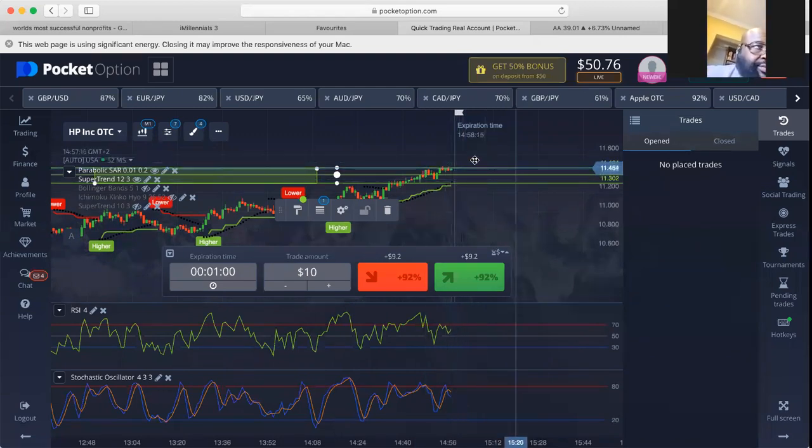All right. So right now, you see in between this line and this line? See my floor? If price comes back down here and touches my floor, and the candle is red, I'm going in for a buy. So are we ready yet? Nope, it hasn't done it.